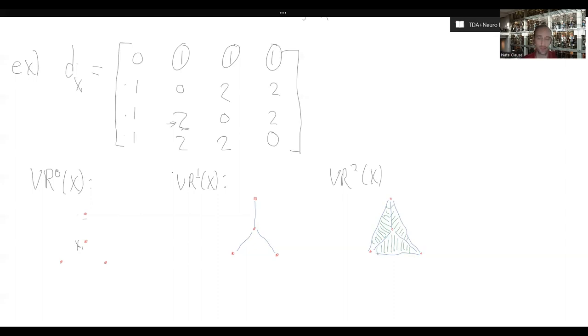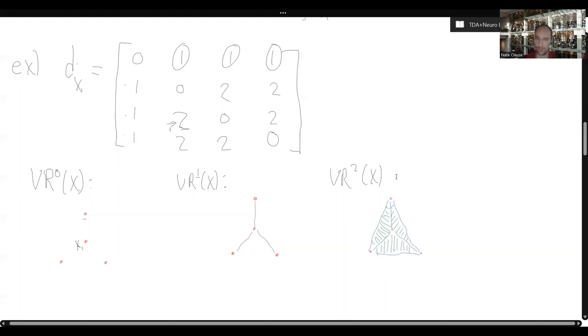So at time 2, all possible simplices will be added, and the Vietoris-Rips complex at scale parameter 2 of X is actually homeomorphic to the 3-simplex along with all of its faces. And you can verify that pretty quickly.